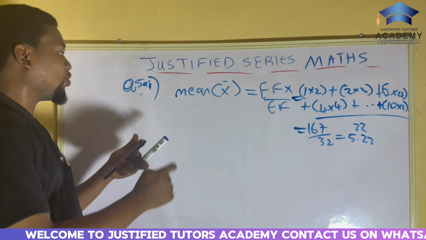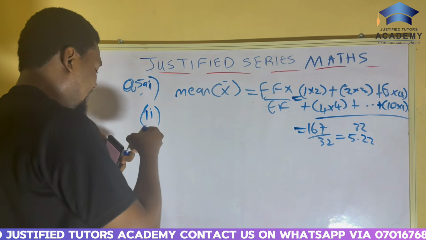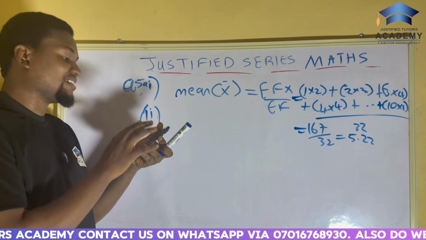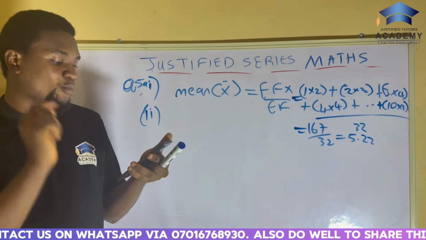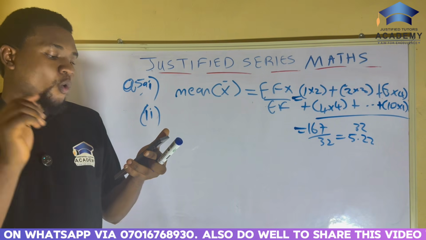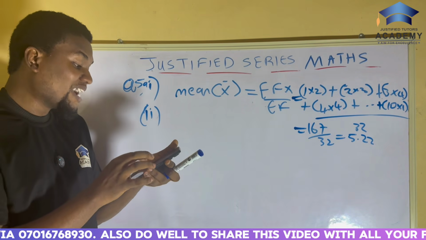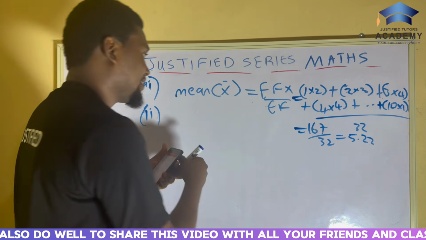Now, the next one is to find your median. Are you getting me? Find the median. Now, this particular thing is very tricky. To find the median, that is the middle number here, pay attention.